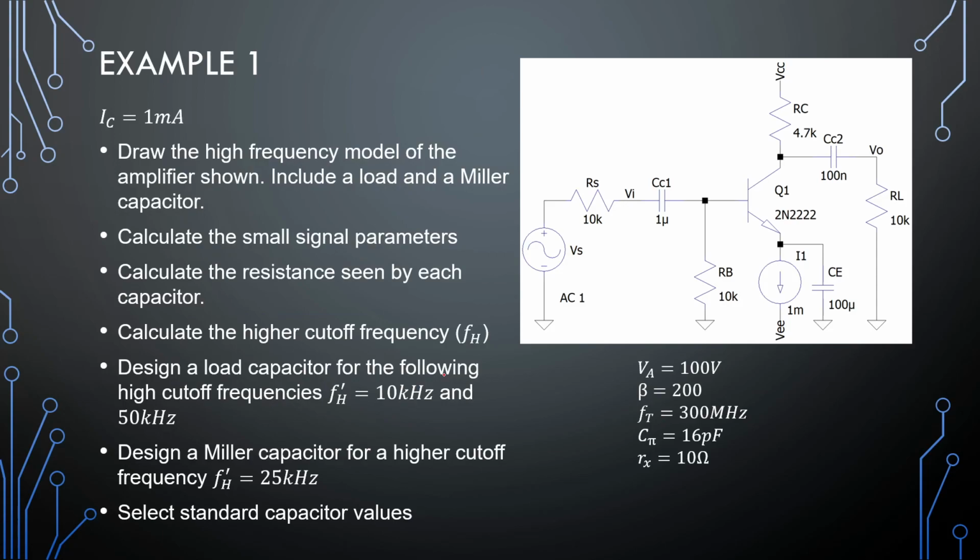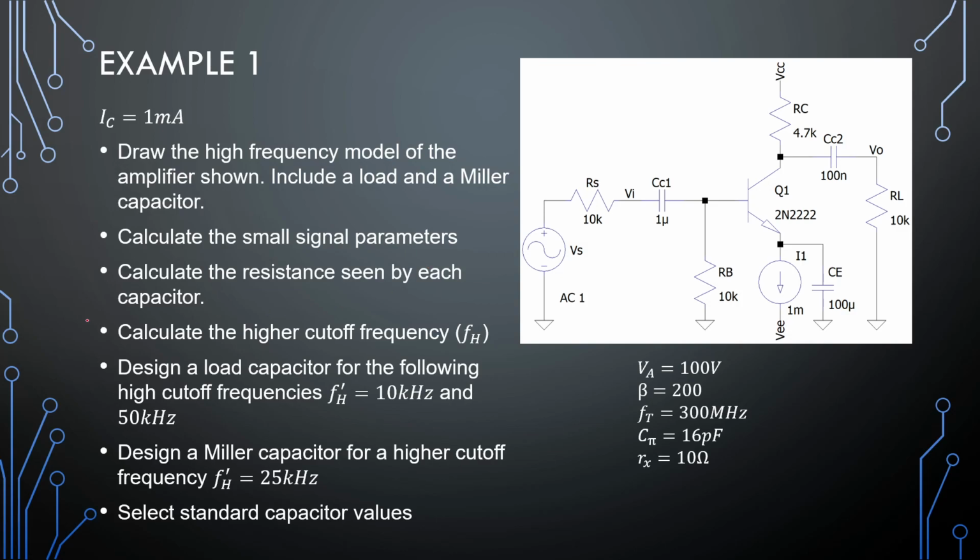So we are going to do this using two examples. First we have our common emitter amplifier here with a bypassed emitter, 1 milliampere current source, and the question is we need to draw a small signal model of the amplifier, and we need to include a load and a Miller capacitor. So just to show you where they go in a small signal model.